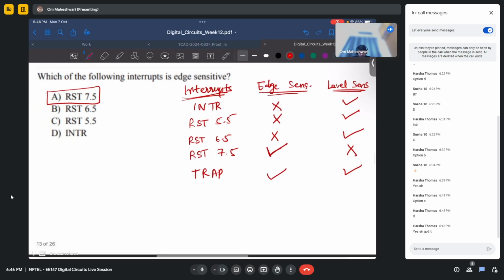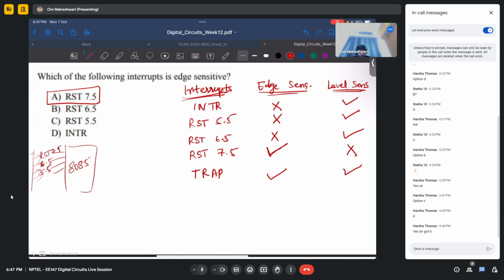One way you can understand this better: let's say this is an 8085 chip. RST 7.5, 6.5, 5.5 are external pins available for interruption by some other device, which can send signals to these pins to interrupt.